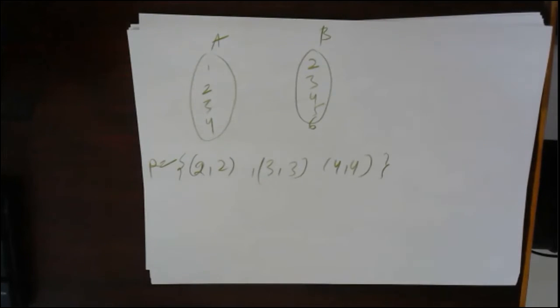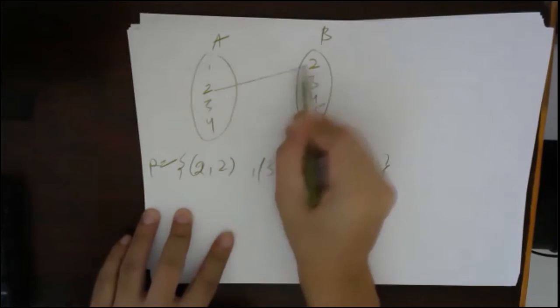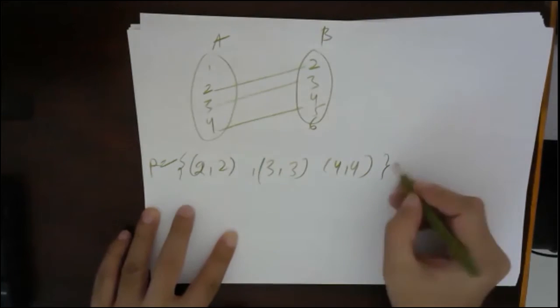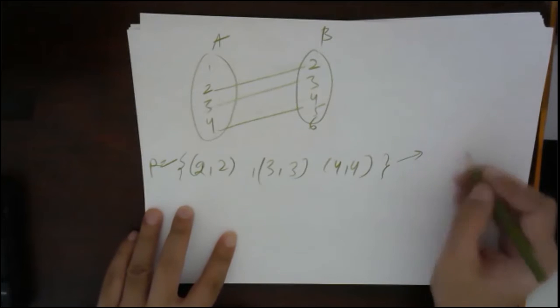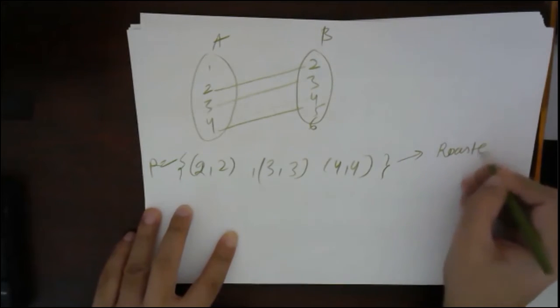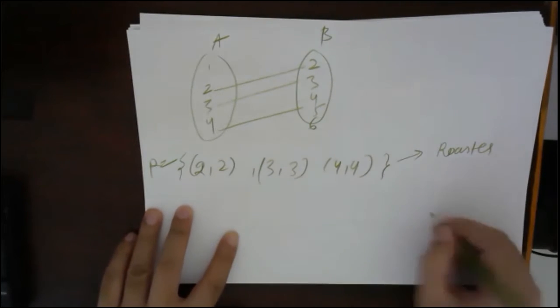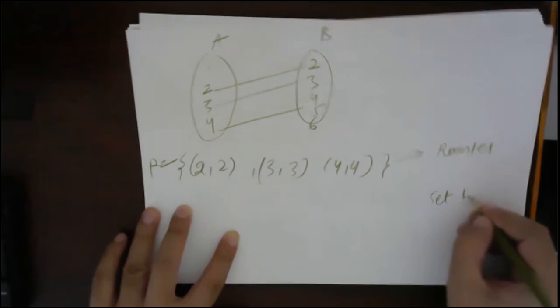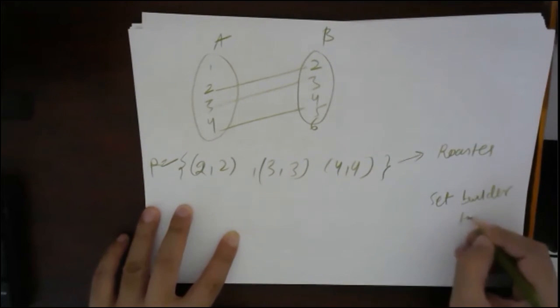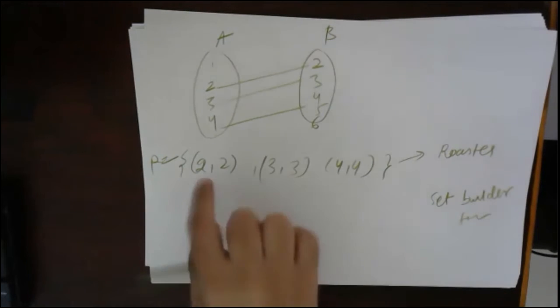Okay, so I want you to write by yourself. I want you to try to write this relation. But this is roster form, where elements are given. I want you to write the set builder form of this relation.